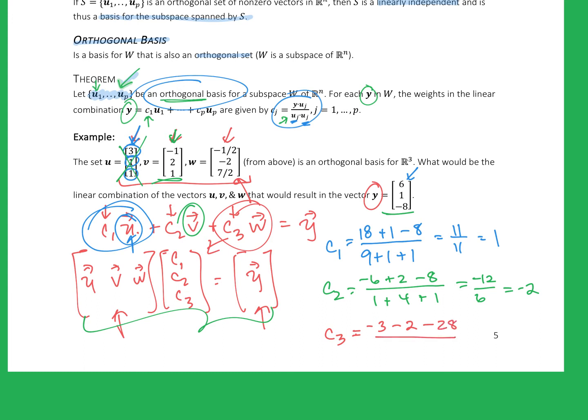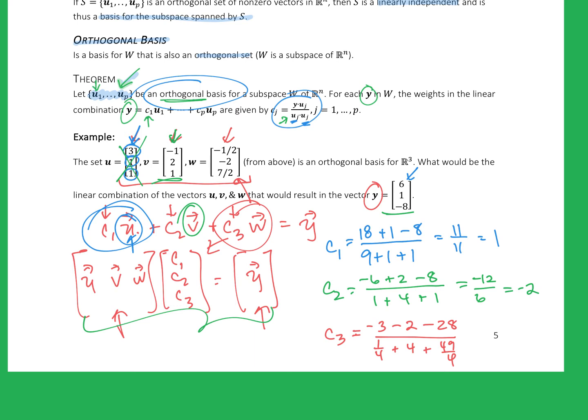I'm hoping on a prayer here. And then w dotted with itself, this is negative, or it's positive. It doesn't matter, it's always going to be positive, right? Our denominator is always going to be positive because we're talking about dotting with yourself. It is 1/4 plus 4 plus 49 fourths.